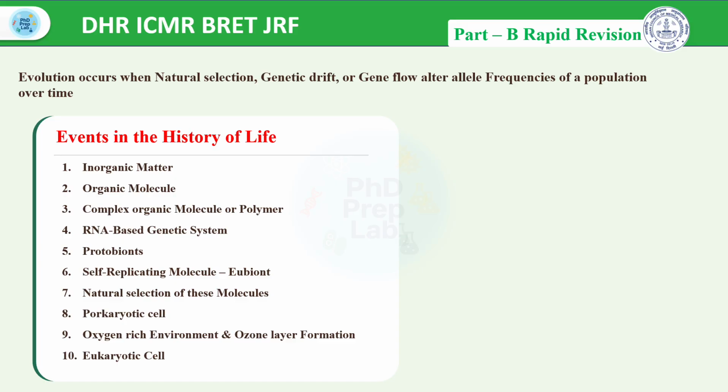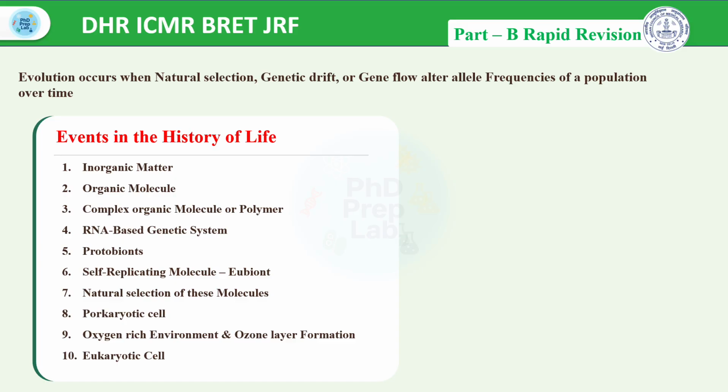Then these simpler organic molecules formed complex polymers, which gave rise to an RNA-based genetic system, which further formed protobionts. From protobionts, you get the self-replicating molecule, that is eubiont, over a period of time. After that, natural selection of these molecules occurred.